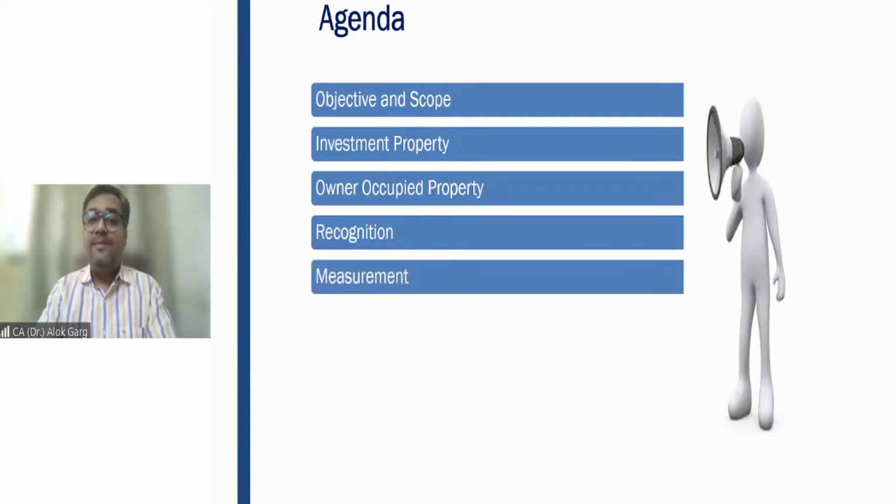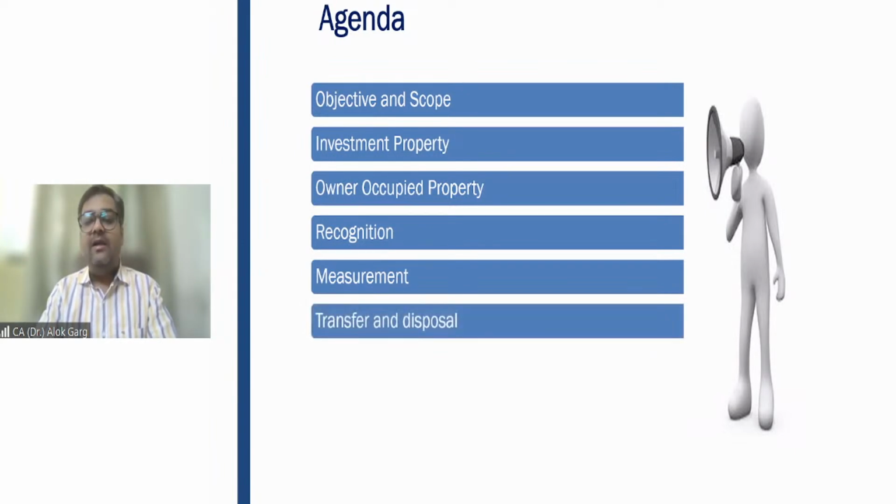Measurement. We'll speak about the measurement part also, at what value the investment property is initially and subsequently measured in the books of accounts. Transfer and disposal. One of the new concepts in investment property again. The transfer part. For example, today you have an investment property and tomorrow you want to sell that investment property.